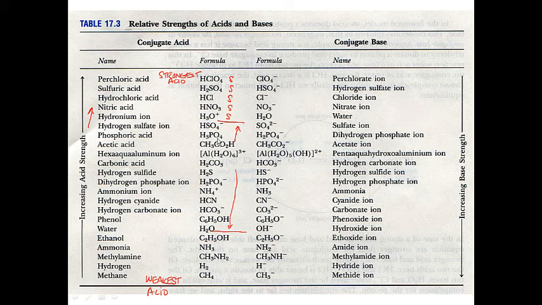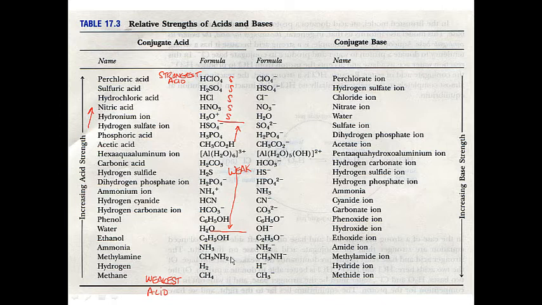H3PO4 is classified as a weak acid. HF isn't on this chart, but HF would be in here. So this group is our weak acids, which means that it does what? Partially dissociates in water, and so we get an equilibrium.